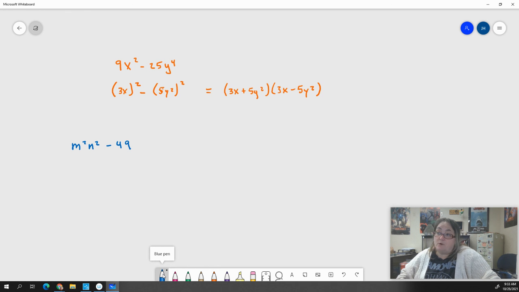Well, each of these are squares, so we know it's a perfect square. It's like saying m times n squared. 49 is 7 times 7, so that is ultimately 7 squared, right? So we could write our factors here as mn plus 7 times mn minus 7.